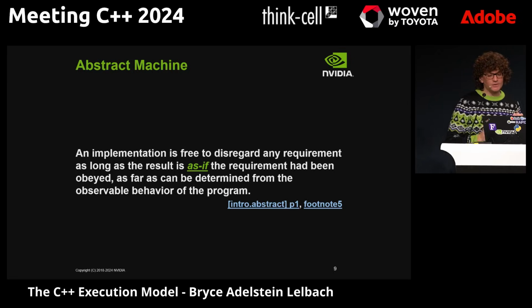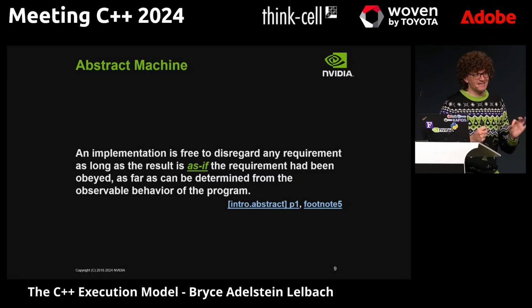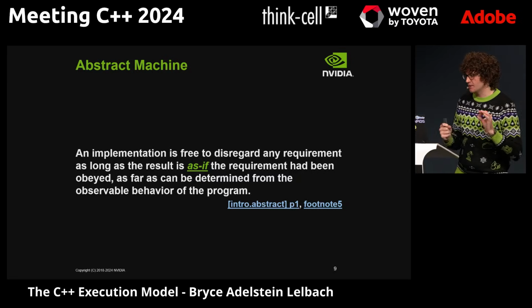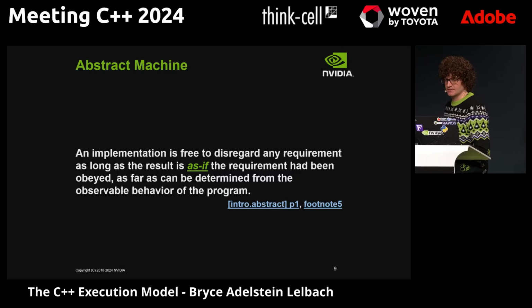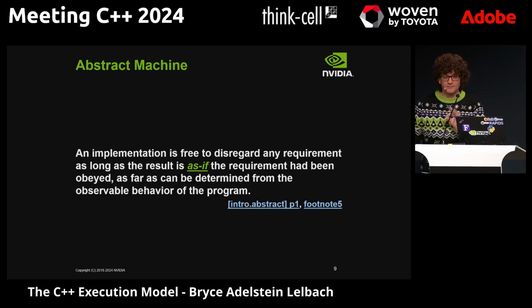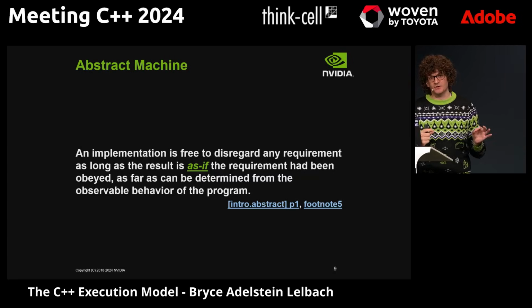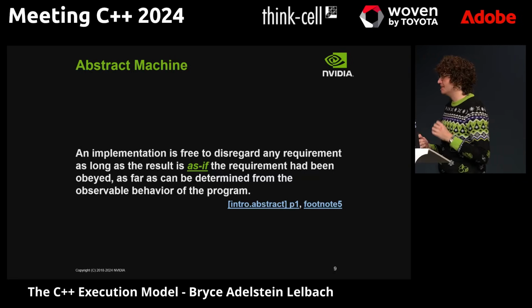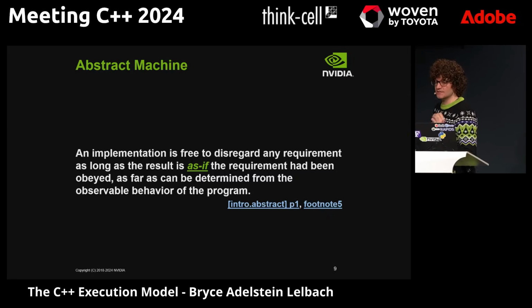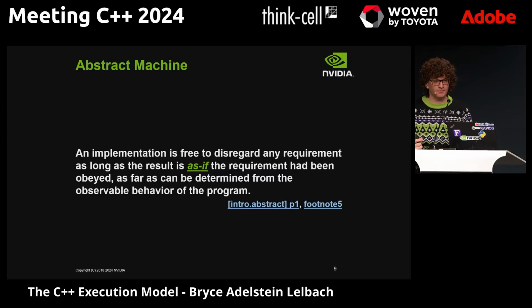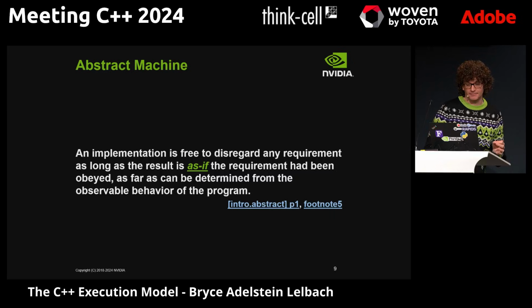Now, implementations only have to behave as if they implement those required semantics. So an implementation is free to disregard any requirement as long as the result is as if the requirement had been obeyed, as far as can be determined from the observable, valid behavior of the program.